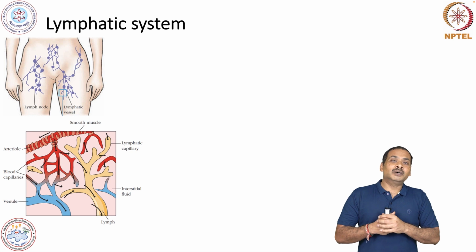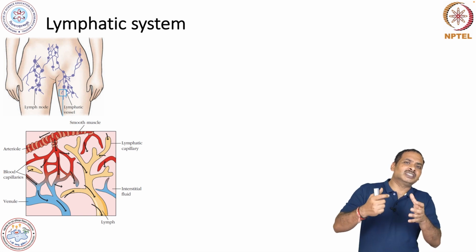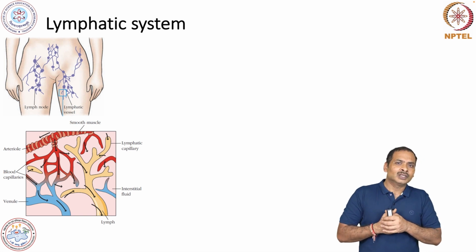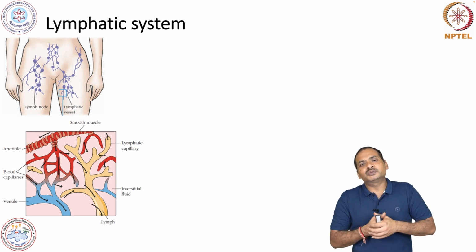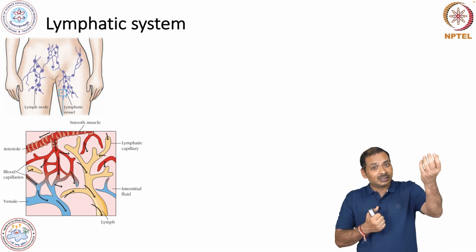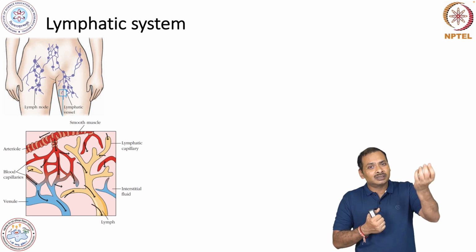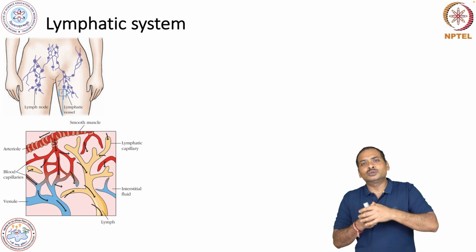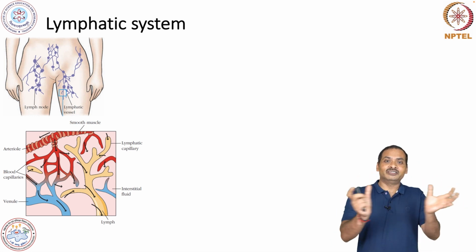But in case of tissue antigen, this will be present in the lymph, and then it will be subsequently transported, because this is linked with the lymphatic vessels, to the nearest lymph node, where all this immune activity is going on.